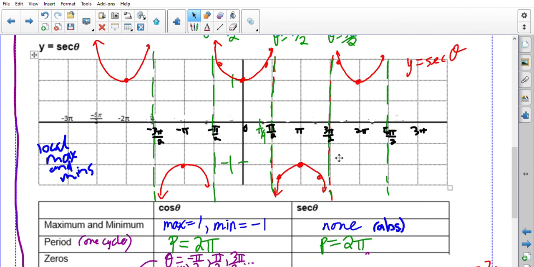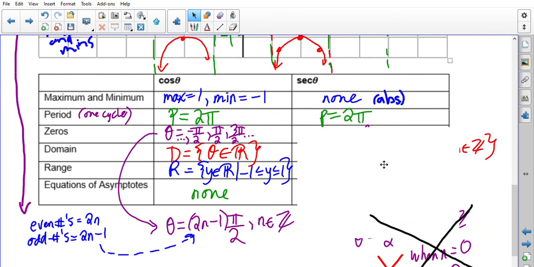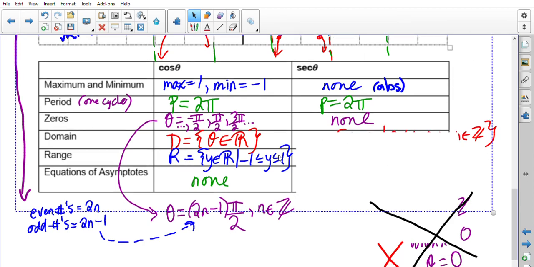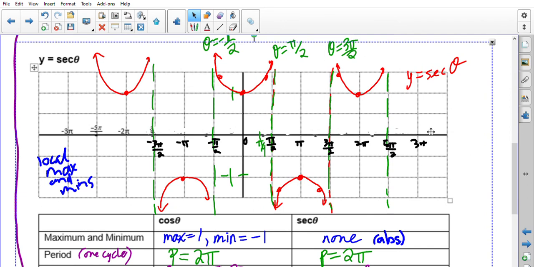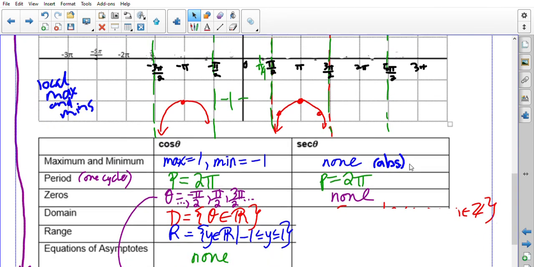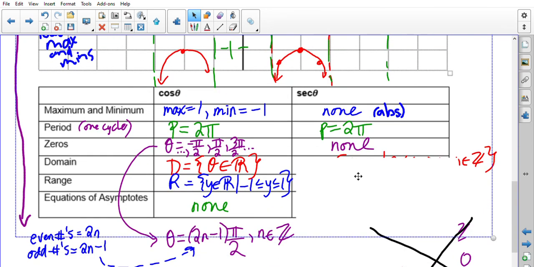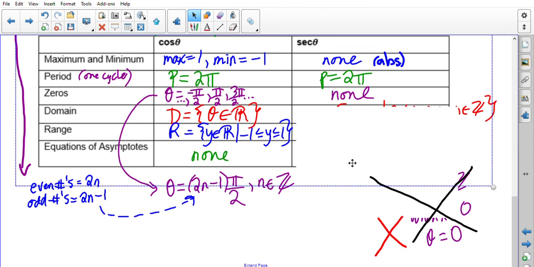The zeros of secant: we can see it never crosses the x-axis, so none. The domain exists for all real numbers such that we put the restrictions for the vertical asymptotes. The expression we use to represent the vertical asymptotes is the expression we use to represent the zeros of cos, this purple equation down here.